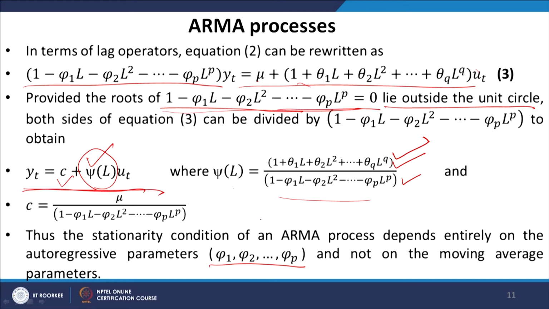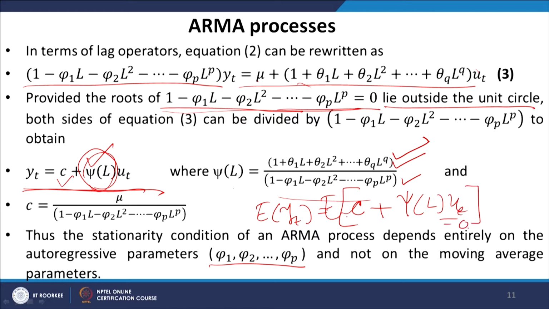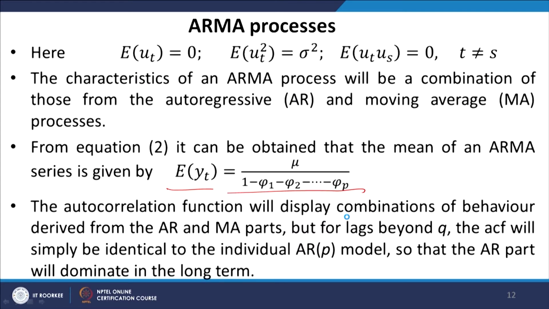So, if we take the expected value of yt, then this becomes C, because this is constant, and then psi(L) times the expected value of ut. Since the expected value of ut equals 0, what I am left with is simply mu divided by 1 minus phi 1 minus phi 2 up to minus phi p.